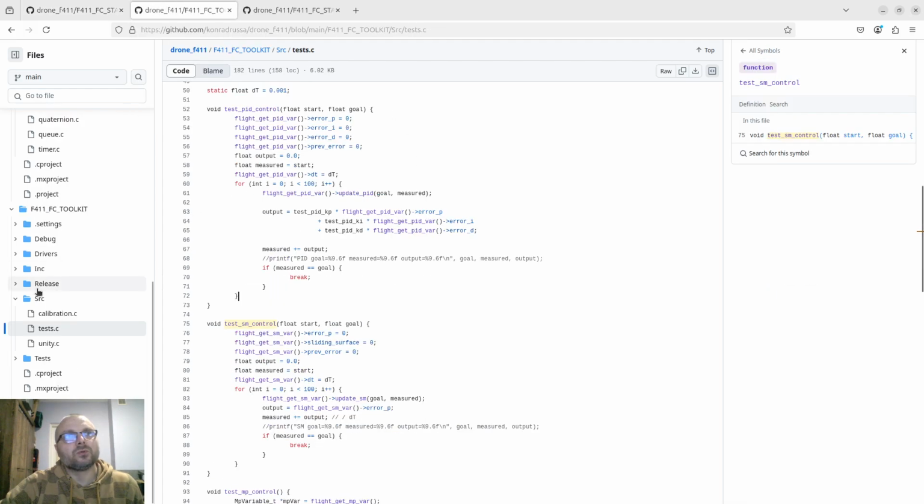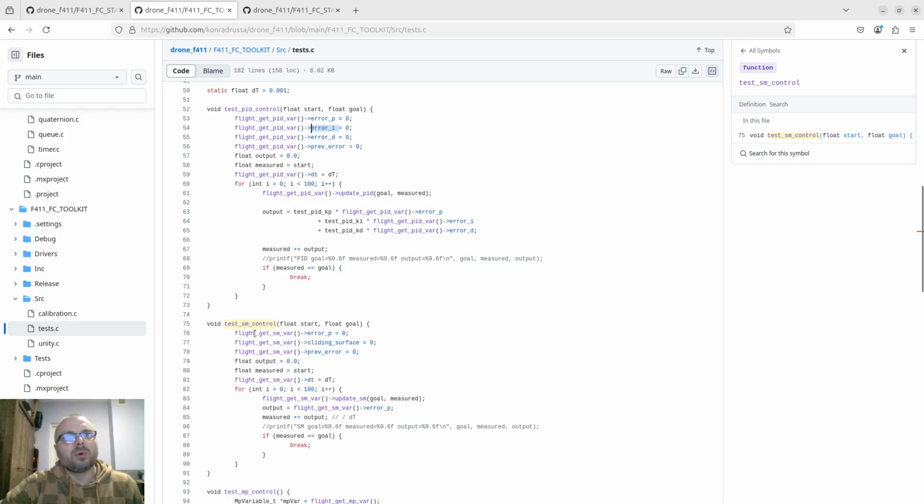And what I wanted to show also is in the FC Toolkit in tests. What will be needed besides the estimation is PID control or sliding mode control. Just shortly, PID control is proportional integral derivative. We are calculating the proportional, the main error, and how it fluctuates with the derivative, and with the integral we are trying to minimize the cumulative error, like some drift.